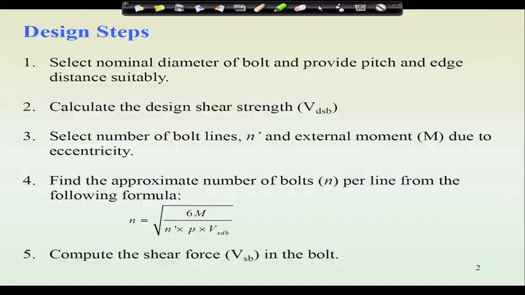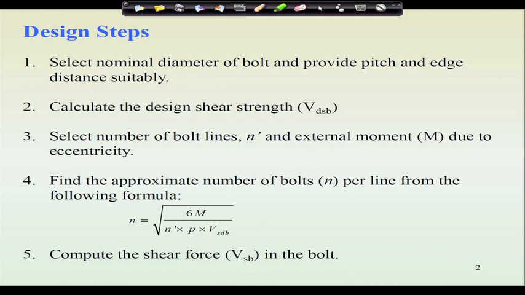Again, we do not know exactly how many bolts are required, because it is not given. So we can assume a certain number of bolt lines, 2 or 3 or whatever it is. Then per line, the approximate number of bolts we can calculate from the moment formula.